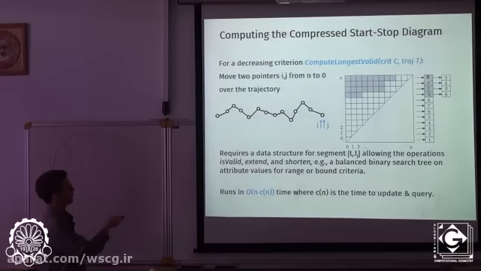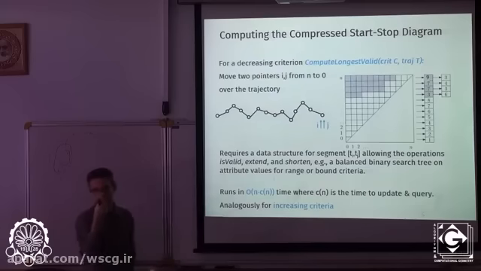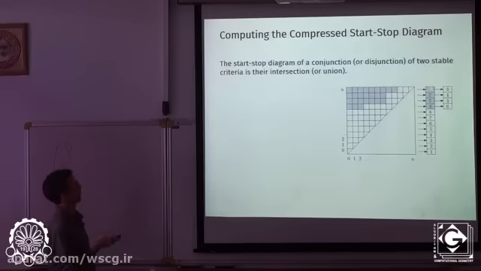And the same approach also works for increasing monotone criteria. So this means that we can compute the start-stop diagrams for increasing and decreasing monotone criteria efficiently. And now if we have any combinations of those, then we first compute the basic ones for the increasing or decreasing monotone criteria, and then start combining them.